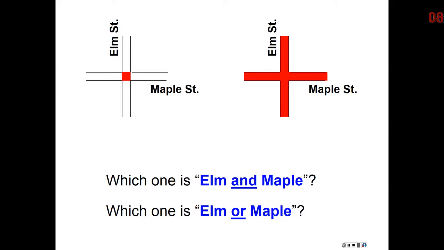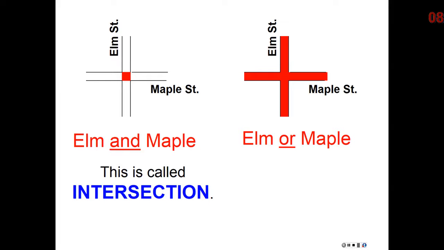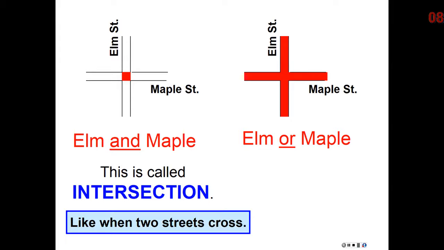So now, can you tell me which one's Elm or Maple? The one on the right. One or the other or both must be true. Elm and Maple is called an intersection, and you can remember it because it's like when two streets cross.